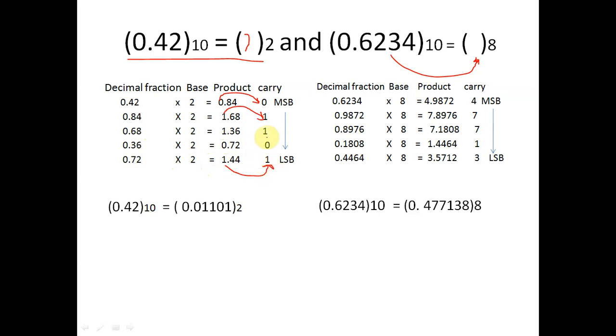Here the answer is taken from top to bottom. Top to bottom is nothing but 0 1 1 0 1. So 0 is written as it is, and this 0.42 is converted into 0.01101. This is the decimal fraction number converted into binary.